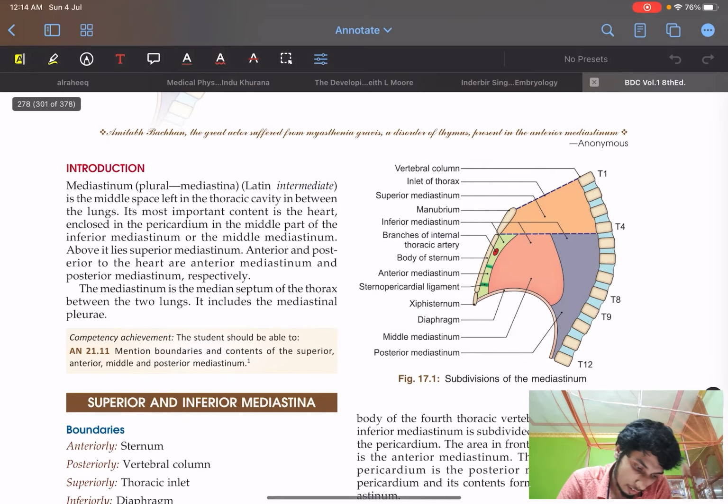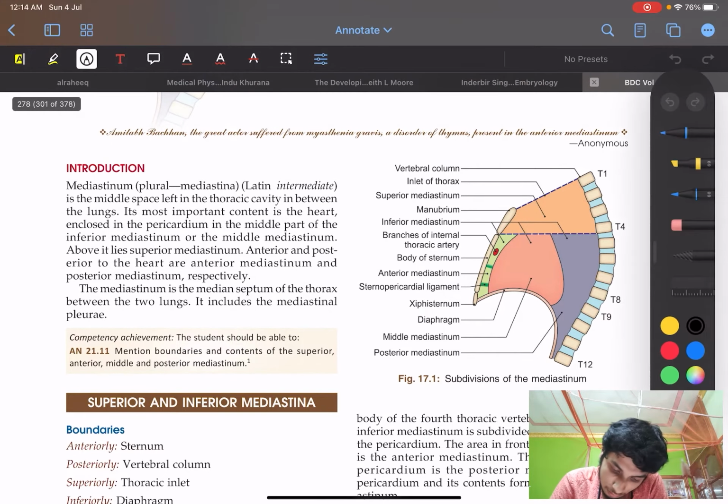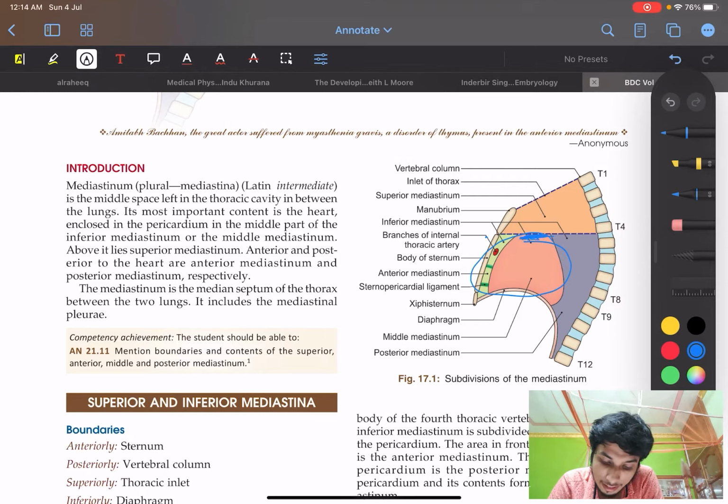This is the heart, and the apex of the heart lies at this plane, the transverse thoracic plane. So if the apex lies at this plane, there will surely be the ascending aorta with its branches. The common things, the esophagus, the trachea and the nerves, will all be present. That's also true for the inferior mediastinum, which will have common structures.